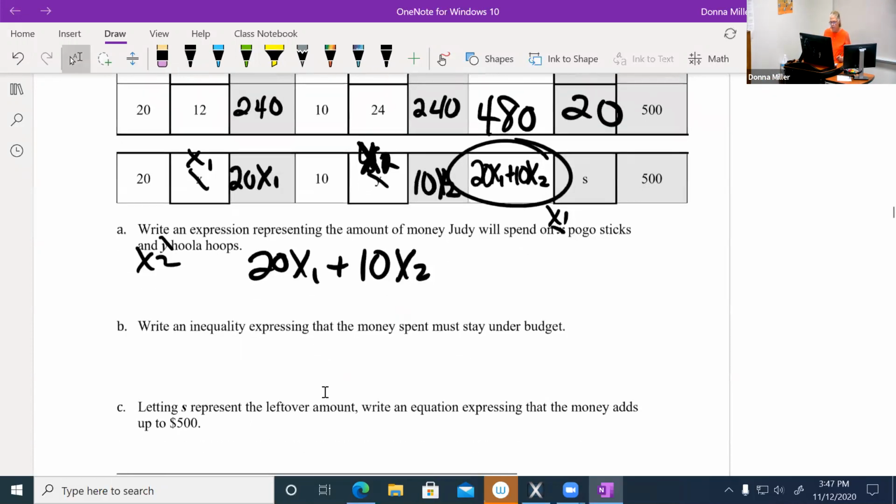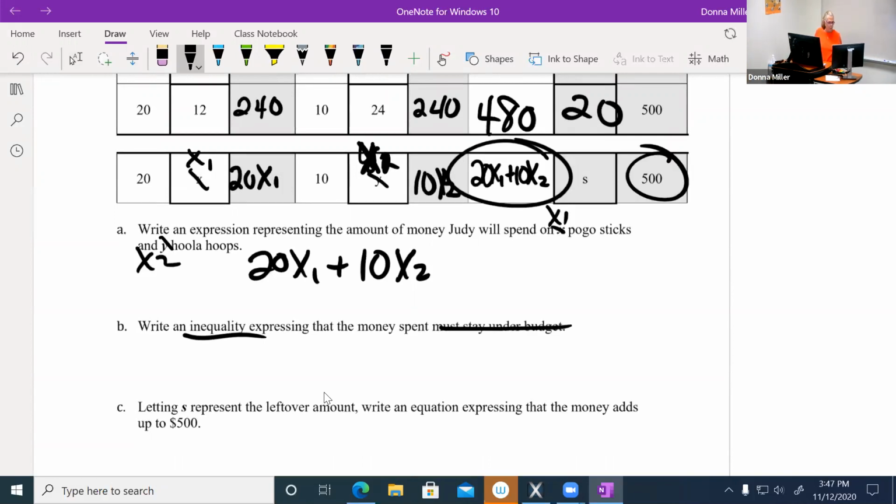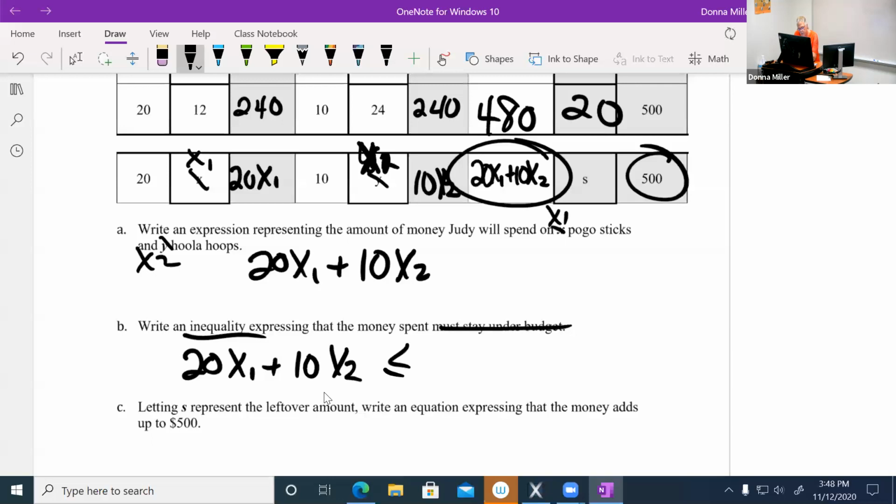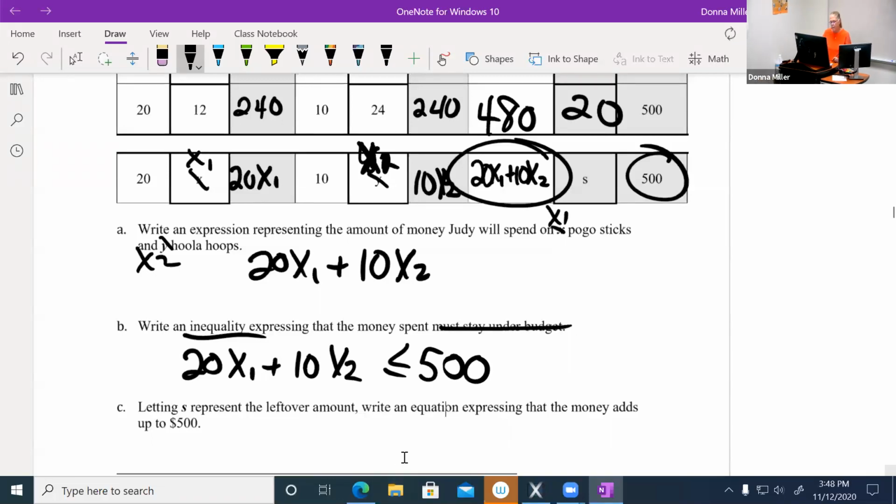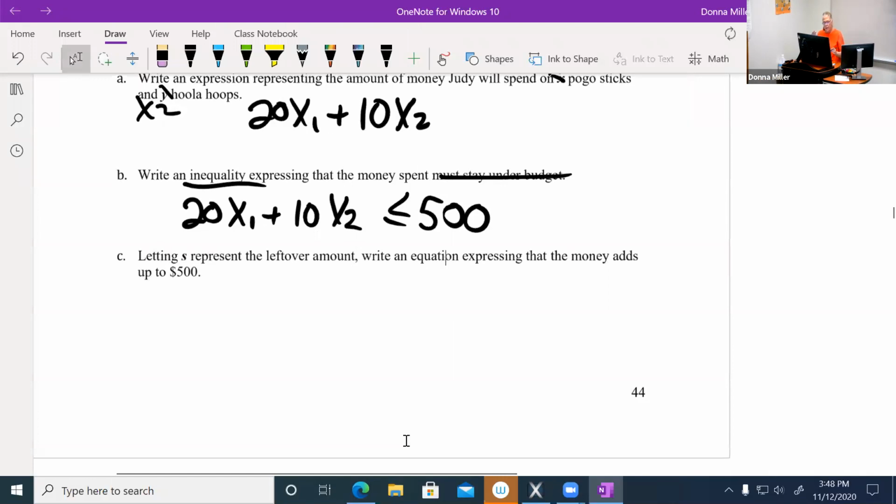Okay. Then write an inequality expressing the money to stay under budget. So I know that the total money has to be less than or equal to 500. So I simply write 20X1 plus 10X2 has to be less than or equal to 500. Now, I'm going to let S be the leftovers, the slack variable. Write an equation expressing the money that adds up to 500.